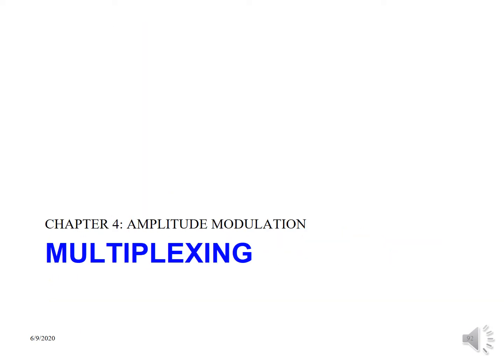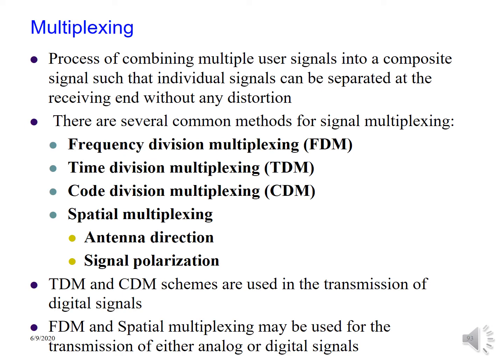Alright, so the next one is multiplexing. Multiplexing is the concept of combining many signals into a composite signal, so later it can be separated at the receiving end without any distortion, of course. There are many methods to do this multiplexing.